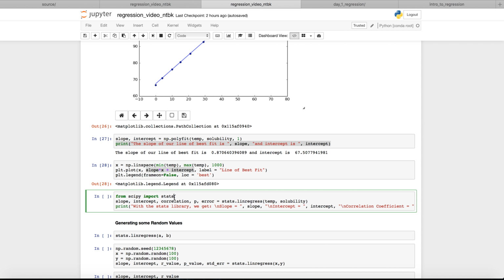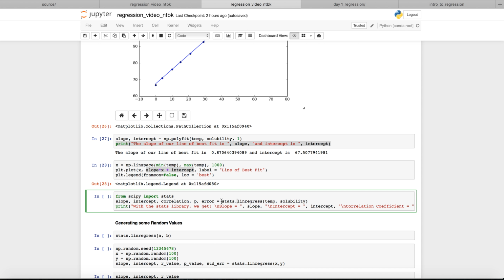So besides using NumPy, there's another really great library called SciPy. And SciPy has a linear regression fit as well. That gives me a little bit more information. In fact, instead of just the slope and the intercept, it also gives me a correlation coefficient, p-value, and the standard error computation. So I have to first import from SciPy the stats library.